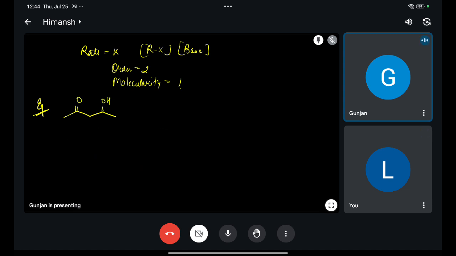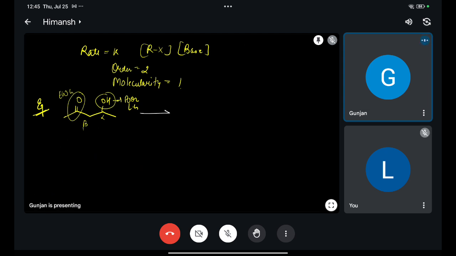Now let's take this example. This is a poor leaving group. OH is a very poor leaving group. And this is an electron withdrawing group. This is alpha carbon and this is beta carbon. The beta carbon contains an electron withdrawing group.